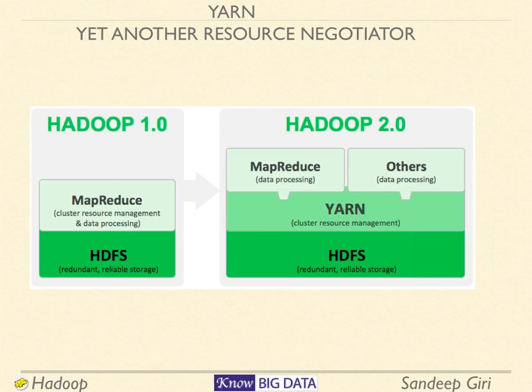Arun's question is, is Yarn being used in production environments currently? Yes, because the movement to Yarn happened quite early. And since you did not have to change your MapReduce logic, people quickly adopted Hadoop 2.0.